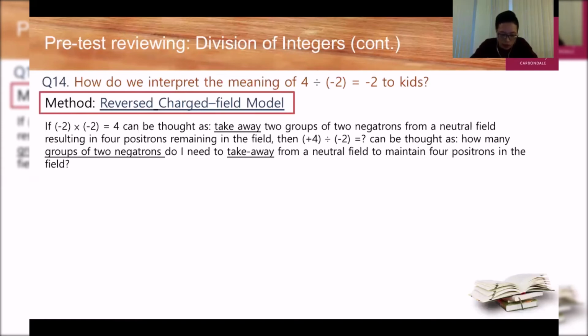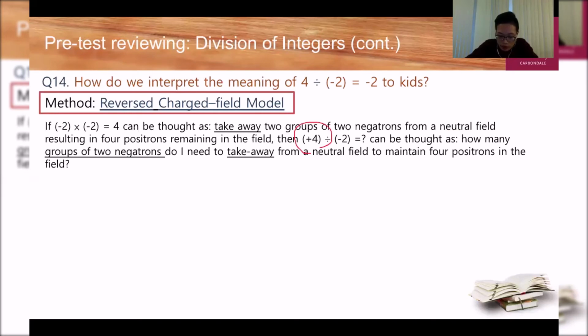Okay, there's a negative here, right? In the multiplication, take away 2 groups of 2 neutrons from a neutral field, and 4 positrons will remain in the field. That's the rule, and that's the outcome we got from the last video on multiplication, right? So back to the question.